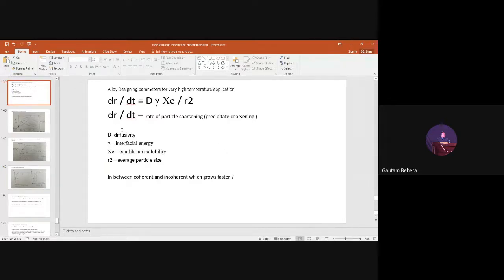A few minutes before, I told something about this equation. I can give you a hint, it is this one at least. Now let me see if you can answer.